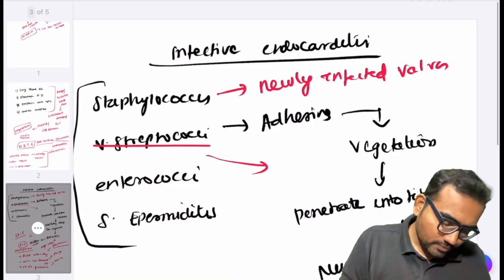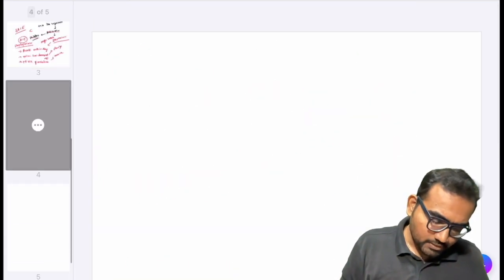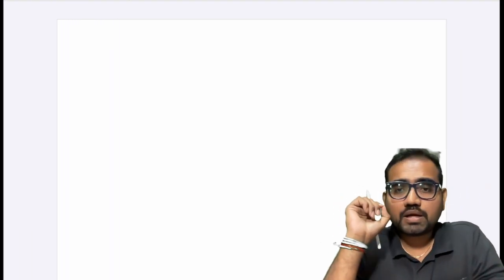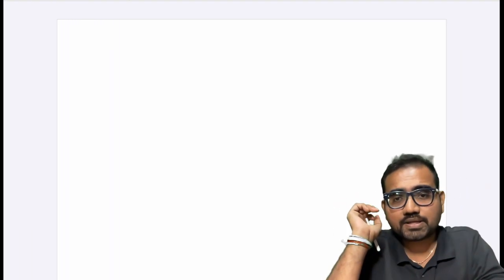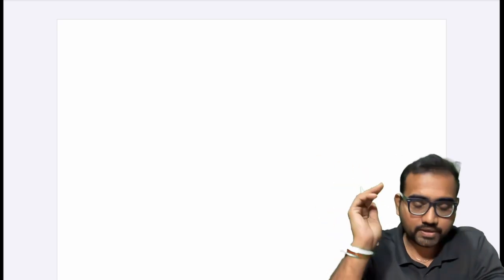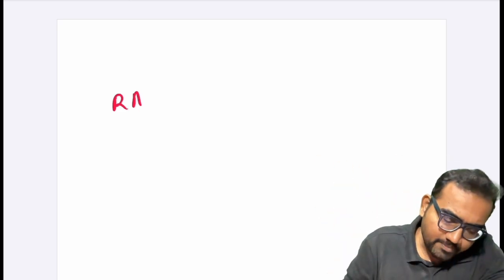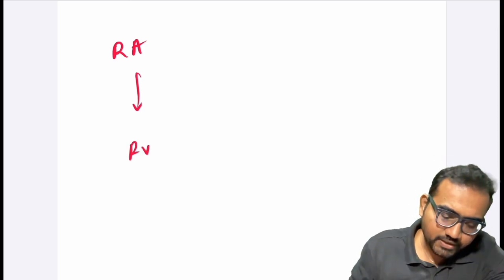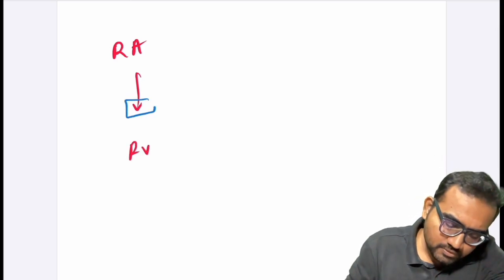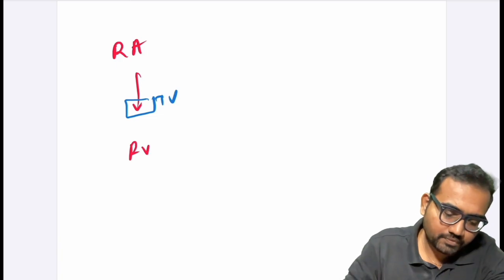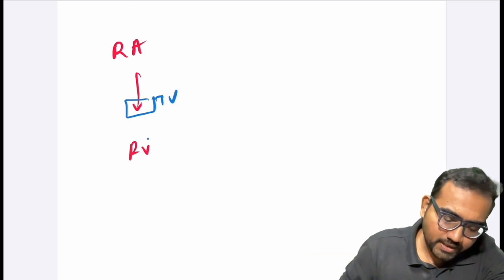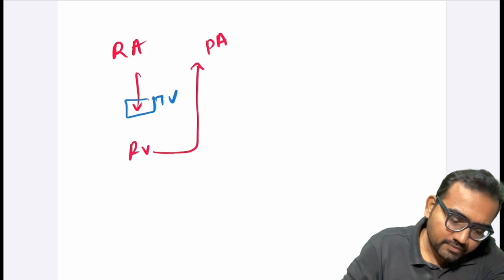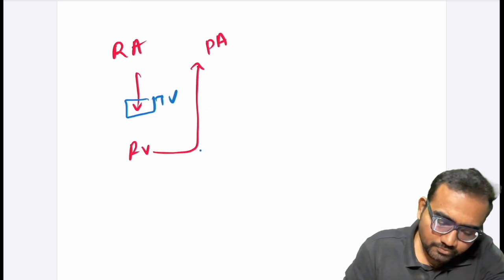Now, moving on. I'll tell you what complications might occur because of this infective endocarditis. The right atrium drops the blood into the right ventricle via the tricuspid valve. From the right ventricle, it goes into the pulmonary artery via the pulmonary valve.